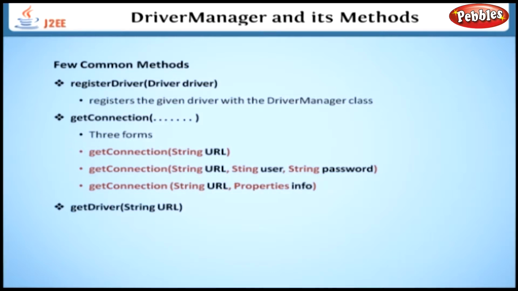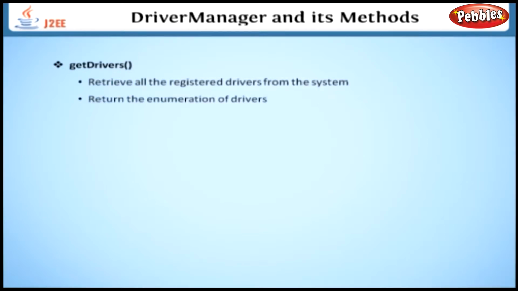getDriver. This method attempts to locate a driver that understands the given URL string. The Driver Manager attempts to select an appropriate driver from the set of registered JDBC drivers. getDrivers. This method will retrieve all the registered drivers from the system and it will return the drivers in the form of enumeration. deregisterDriver.